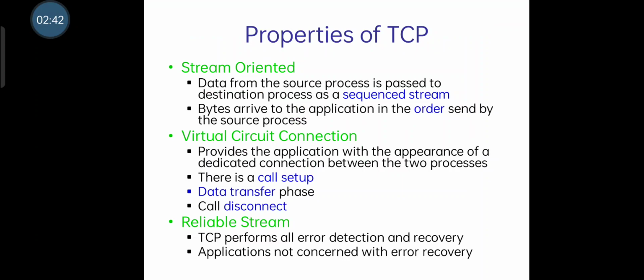So what are the basic properties of TCP? It is a stream oriented approach. Why do I say stream oriented? Each and every piece of data is processed from the sender to the receiver as a streamed sequence, in order, with the help of the sequence number. Next, if we are going to use TCP, there are three steps.